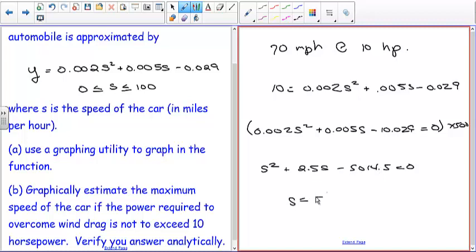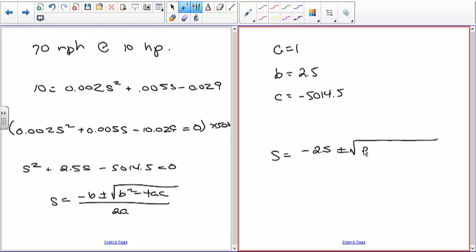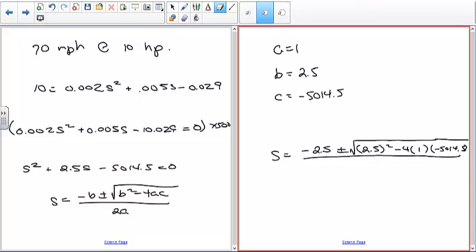So s is equal to minus b plus or minus the square root of b squared minus 4ac, over 2a. In our case, a is equal to 1, b is equal to 2.5, and c is equal to negative 5,014.5. With 2a, a is 1, so we just divide by 2.